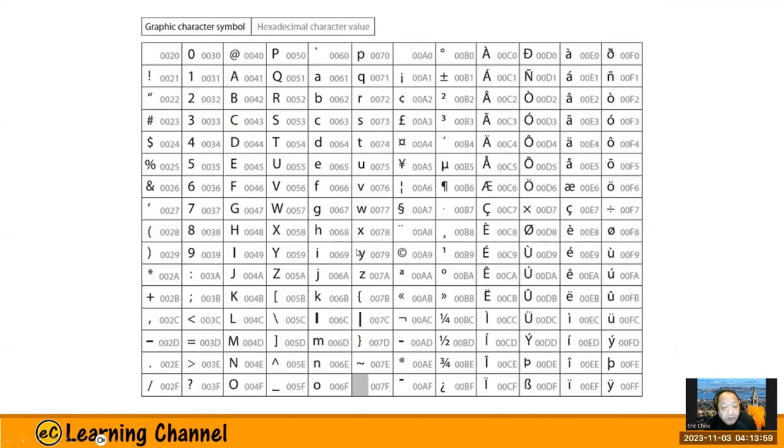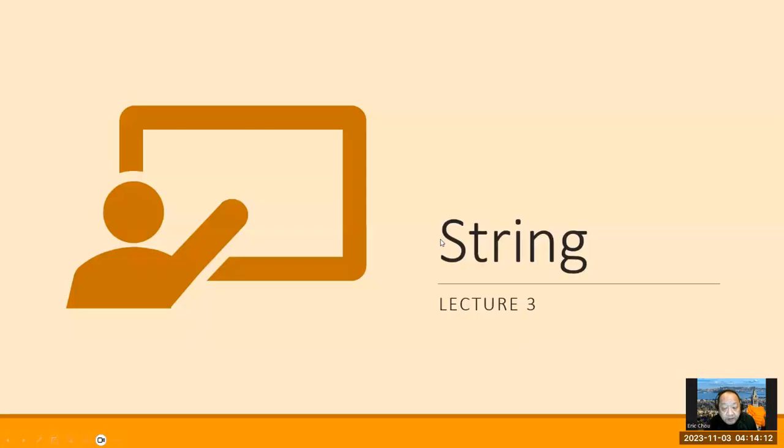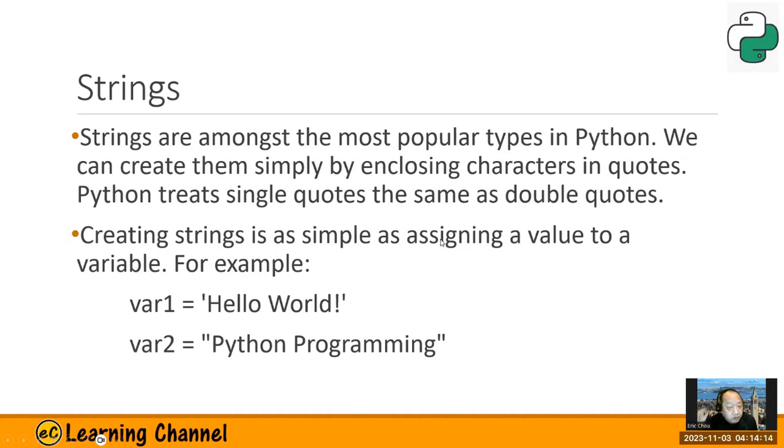And then the more general Unicode for English is right here. But this one, as you can see, is 0030, so it actually is a 16-bit format. A string is a collection of characters. So a string usually stores some messaging.